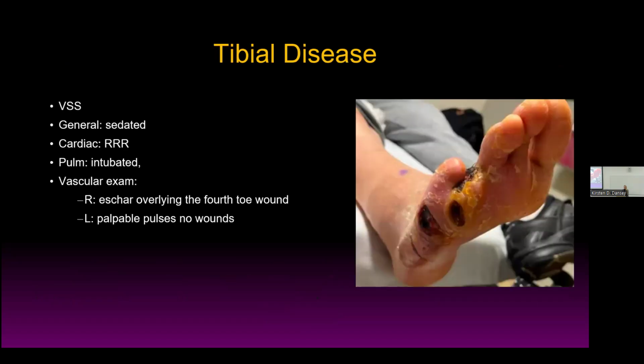So this is a patient that I saw, moving down the vascular beds to tibial disease. He had a fourth toe amputation that was not healing, and he developed lateral ulcers. He was a 42-year-old guy who had really poorly controlled type 1 diabetes.